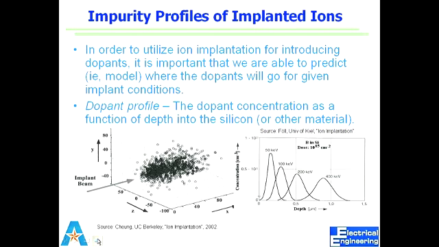And there are many models that have been defined to understand or to predict where the dopants will go at a given condition. With respect to depth, in a three-dimensional system, they would have a distribution which will be not only in the x direction but y and z as well.